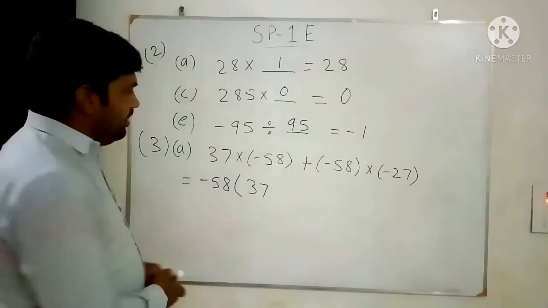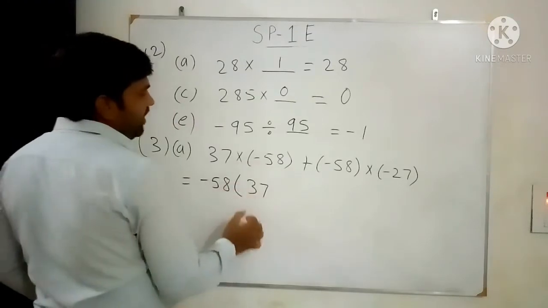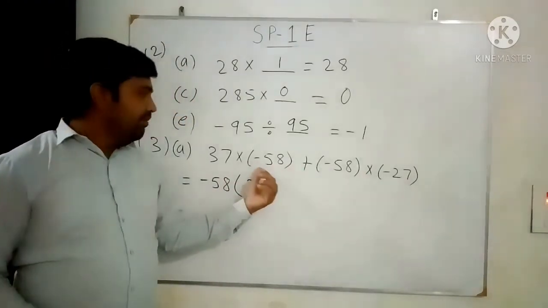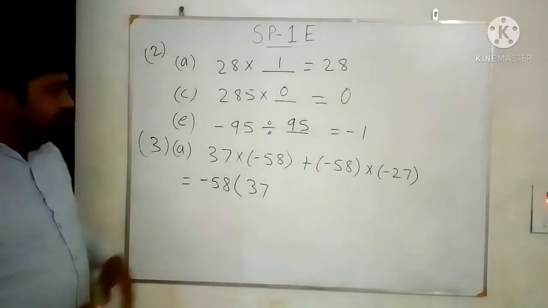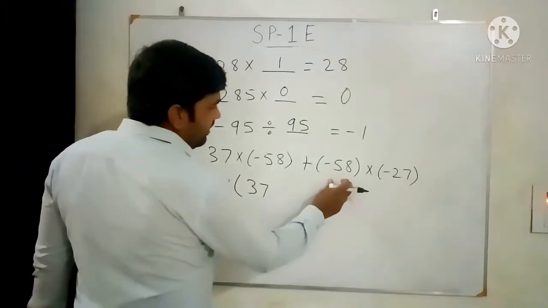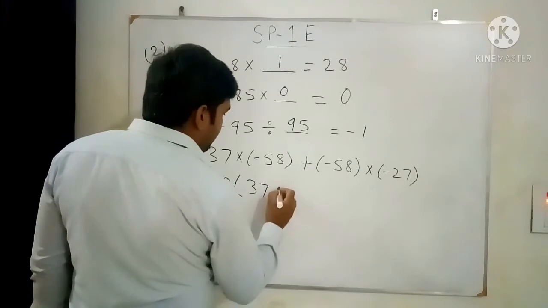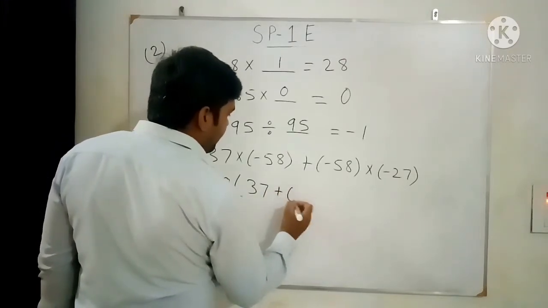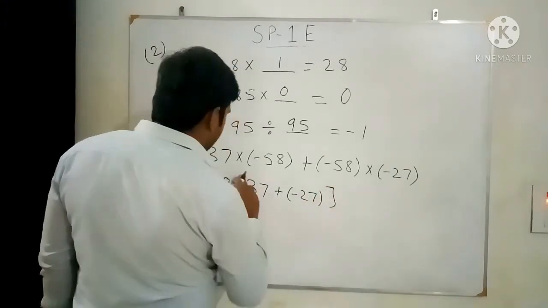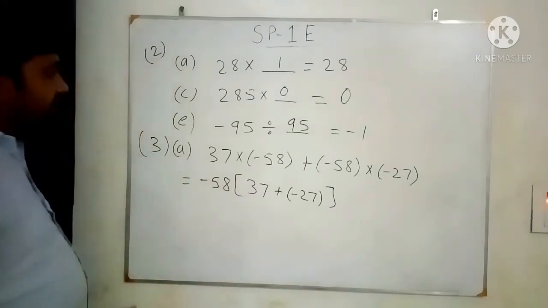There are two terms, and both terms contain minus 58. If you divide both terms by minus 58, that will be cancelled and the quotient will be 37 in the first term and minus 27 in the second. So 37 plus minus 27.